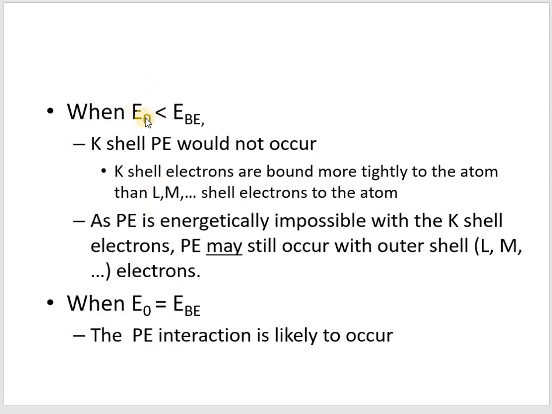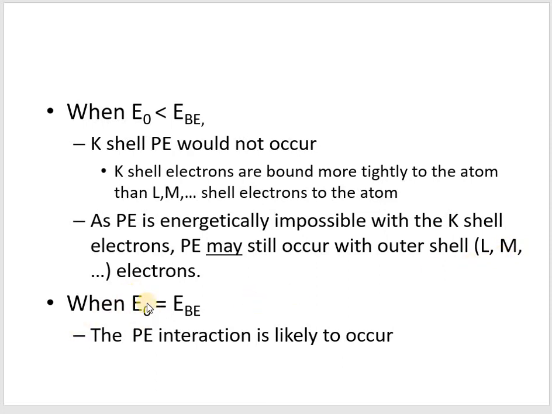When the initial incoming photon has energy less than the binding energy of the K shell electron, the photoelectric interaction with a K shell electron would not occur, because it needs more energy to overcome the binding energy of that particular electron. As this interaction is impossible with the K shell electron, photoelectric interaction might still occur with an outer shell electron. Unlikely, but it can still occur as long as the energy is close to or higher than the binding energy of L shell electrons, M shell electrons, and so on.